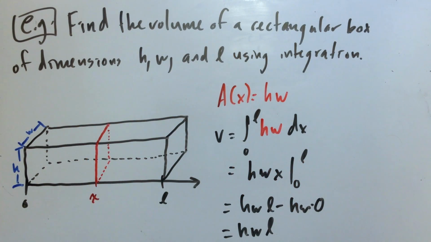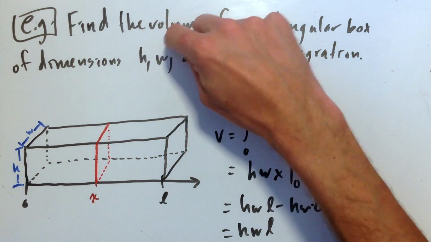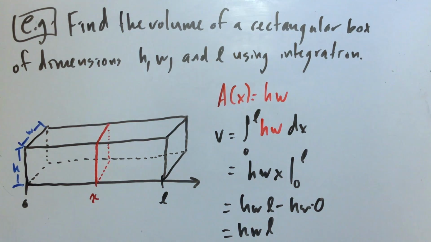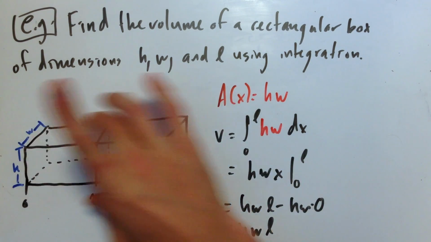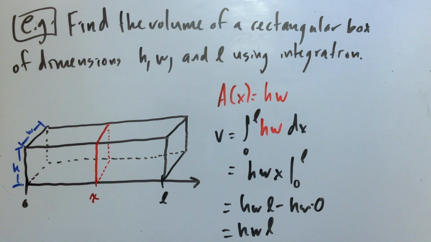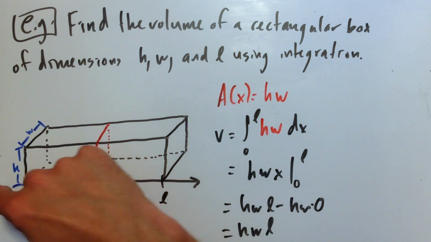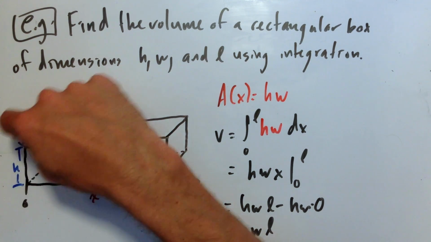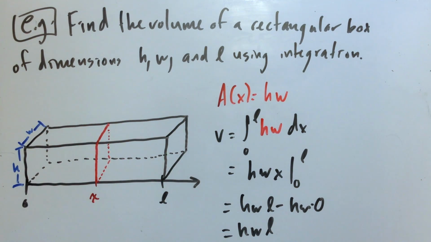As a very simple example, let's find the volume of a rectangular box with dimensions h, its height, w, its width, and l, its length, using integration. So here I've drawn a rectangular box, and I need to align it along an axis.